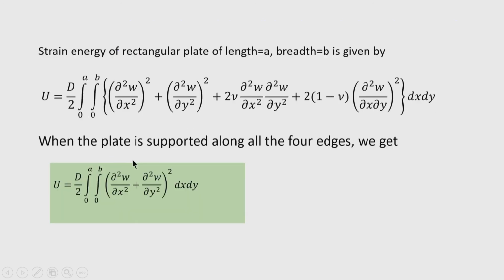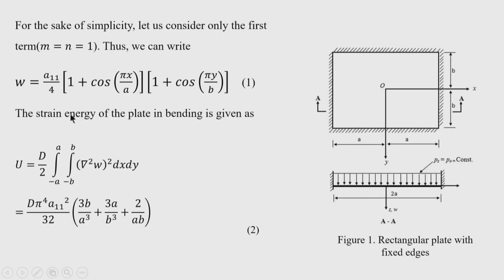Then the strain energy expression is calculated by taking this function as the deflected shape of the plate. Substituting this in the del square w term, we can get the final result by double integration. The limits of the integration here will be minus a to plus a and minus b to plus b.